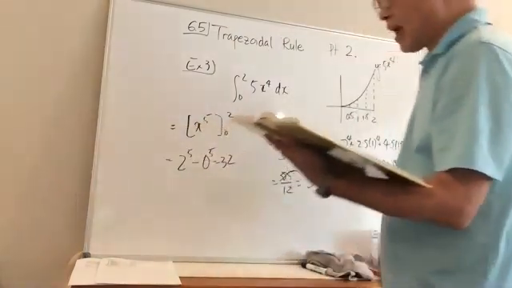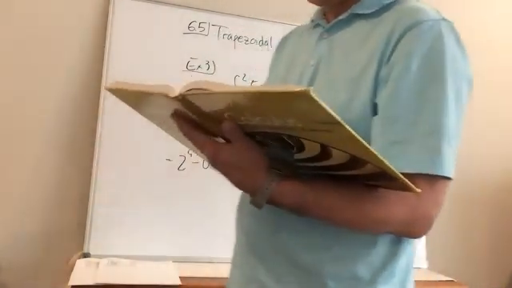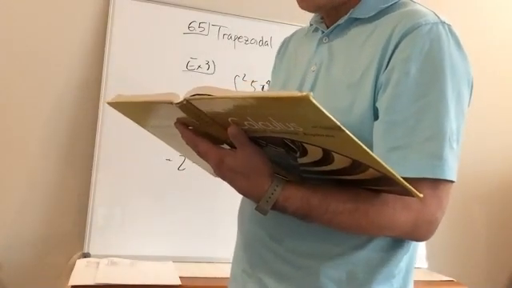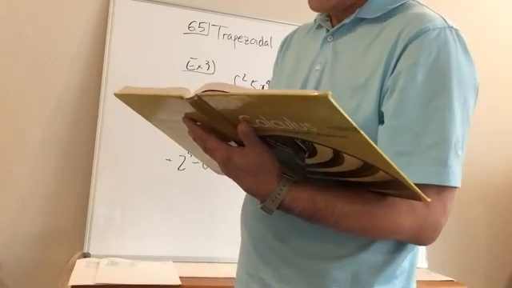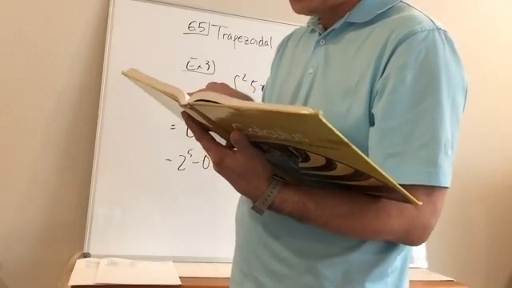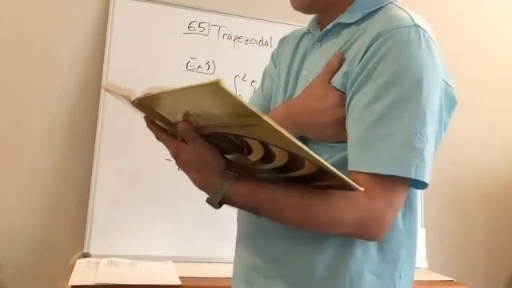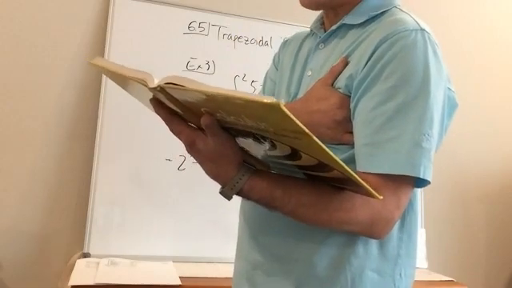This gives you the error bound. The maximum error for the trapezoid rule is b minus a over 12, h squared times M, where M is the maximum of the second derivative. And similarly, the Simpson error is also bound.